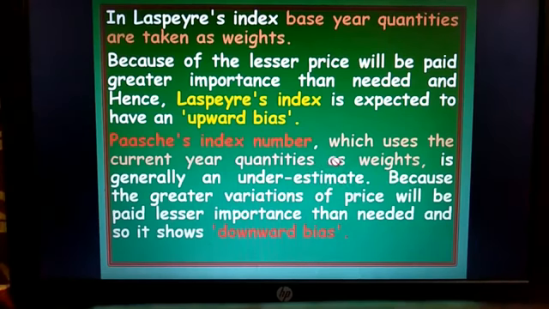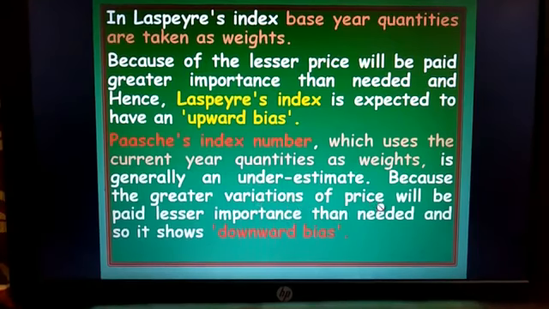Here current year weights are applied. For example, if I consider the current year price, what will it be compared to the base year price? Will it not be more? Yes, obviously the price will be more. The importance goes less, in terms of usage of commodities and in terms of buying. That means because of the greater variations of the price.